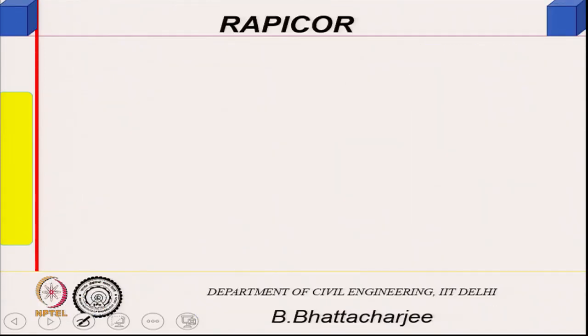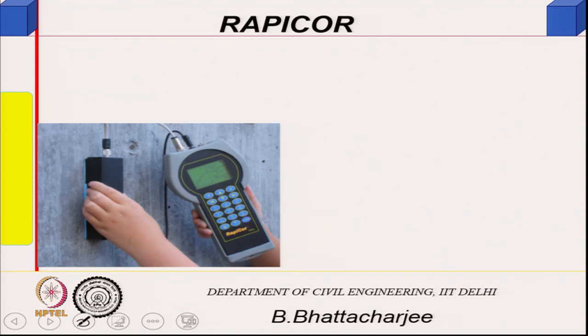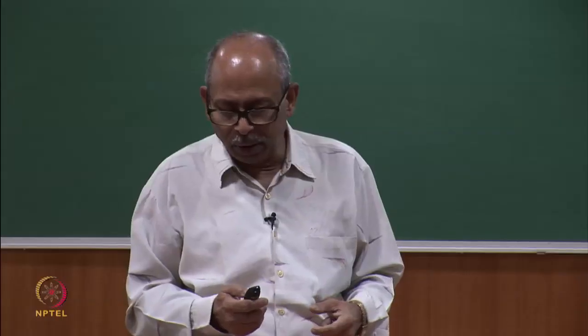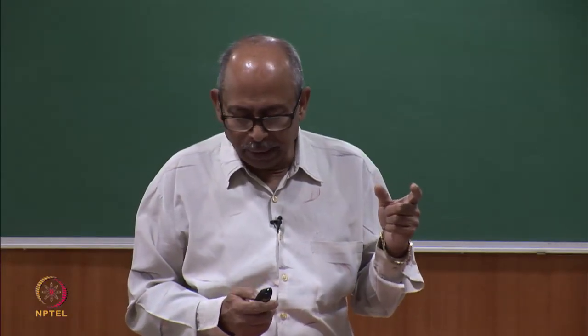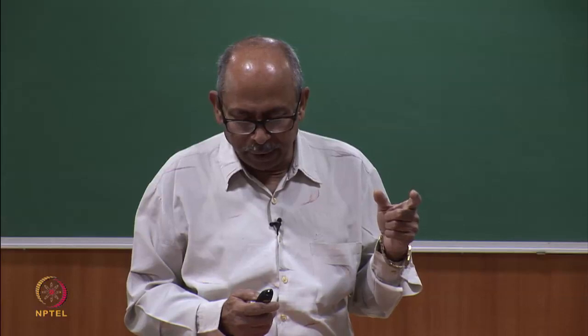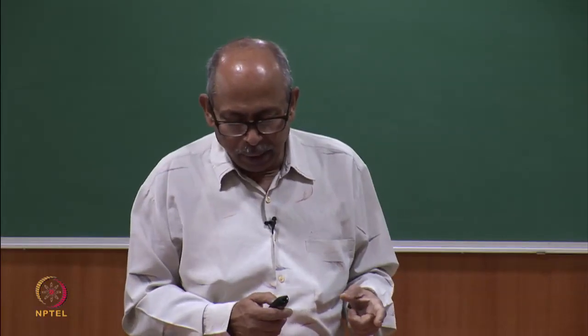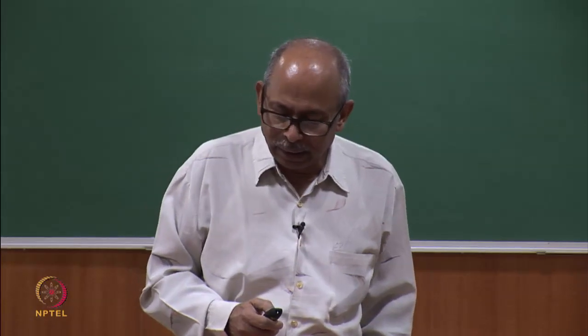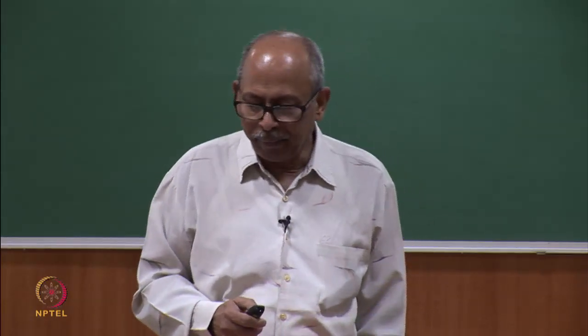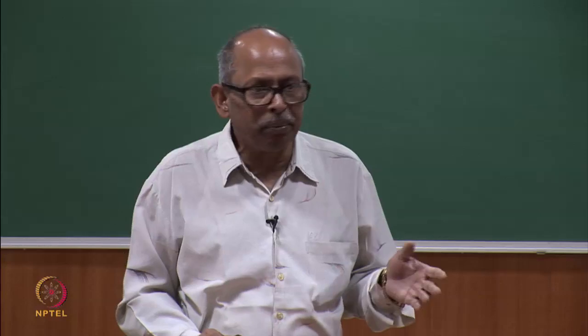I will show something like a photograph, just a handheld device. This is not a very robust instrument, but there are robust instruments; in fact, one in the laboratory is for field measurement also, but I do not think I have a photograph of that. I will talk about the linear polarization method measurement in the next class.